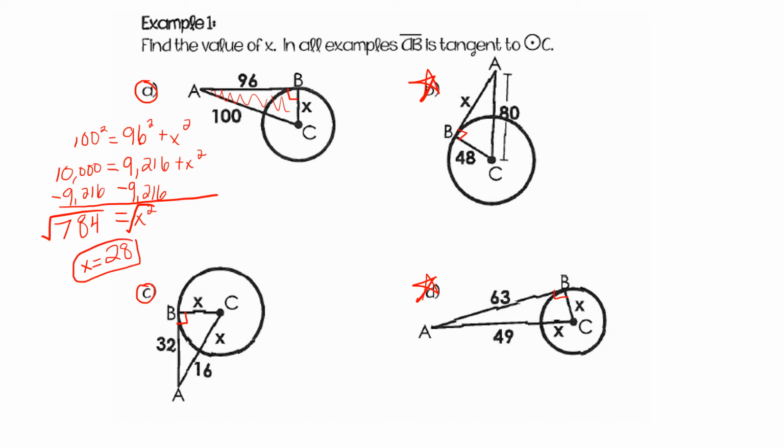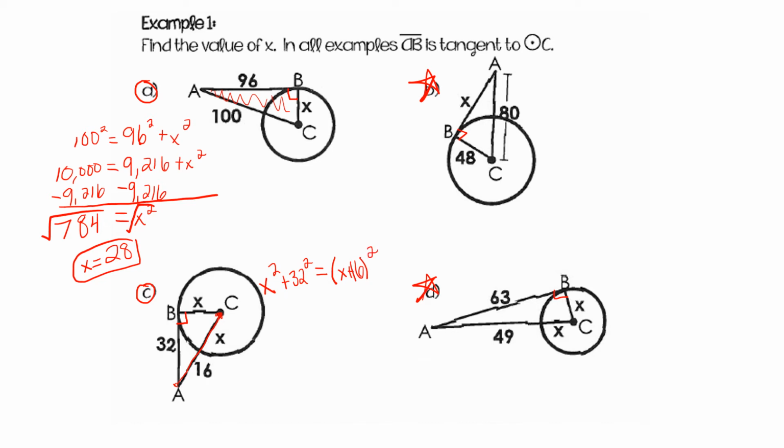Okay, let's look at number C now. So they gave me the short leg, which was x, the long leg, which is 32, and then my hypotenuse from the center to point A is x plus 16. So how that's going to look is we have x squared plus 32 squared, because we have a squared plus b squared, is equal to the quantity x plus 16 squared.